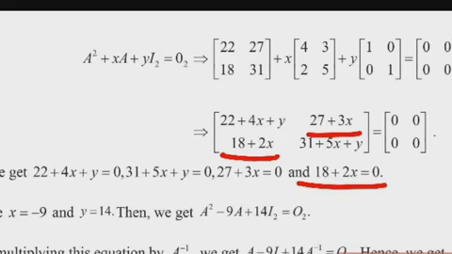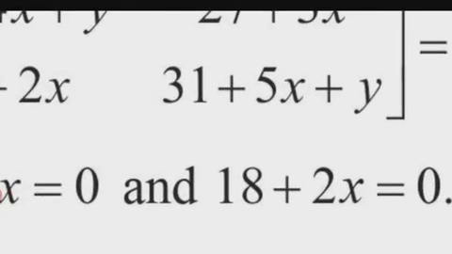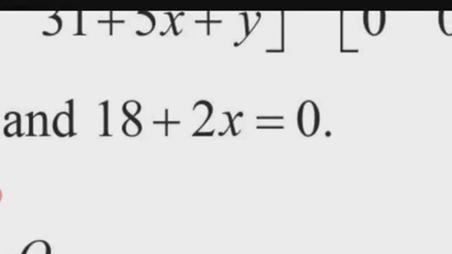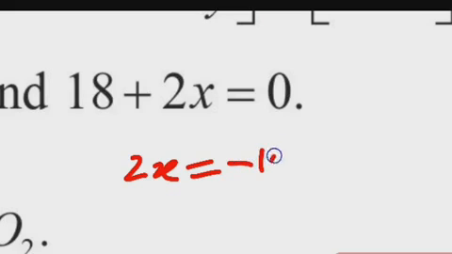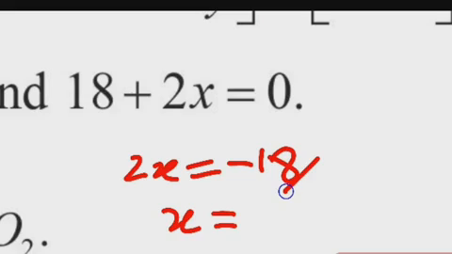So suppose we take 18 plus 2x equals 0. From this we are going to find the x value. So 2x equals minus 18, transposing to the other side. x equals minus 18 by 2, the transposed side becomes divide. So minus 18 divided by 2 is minus 9.